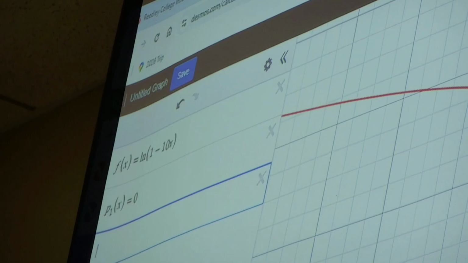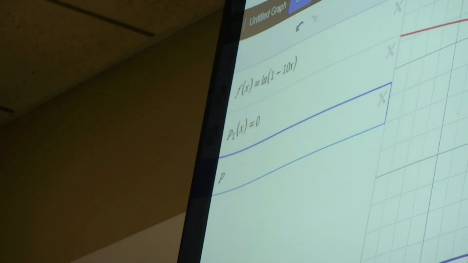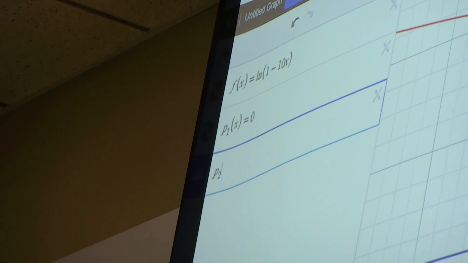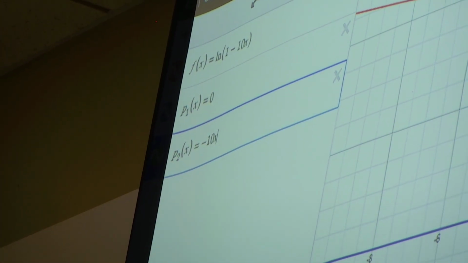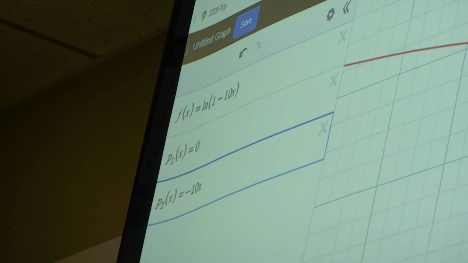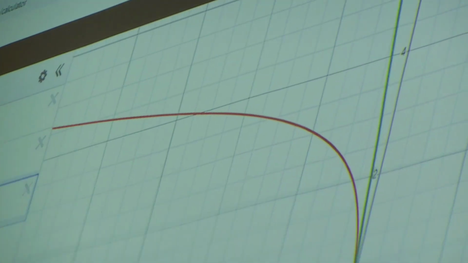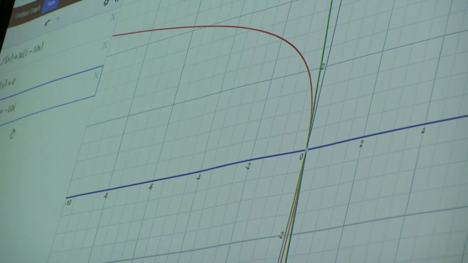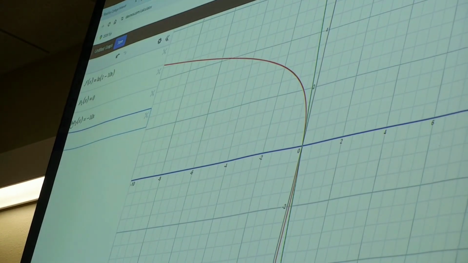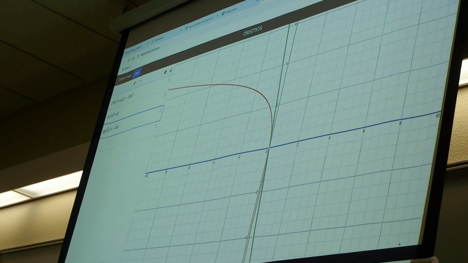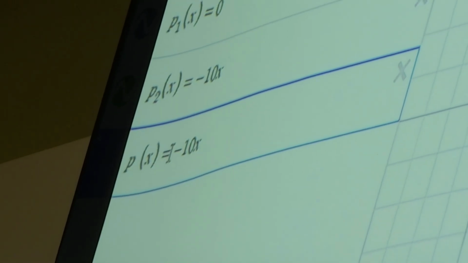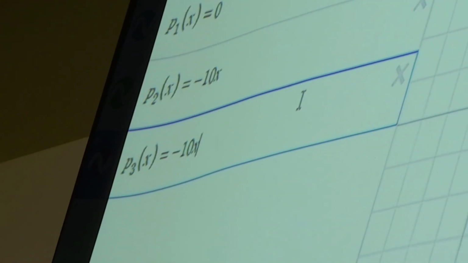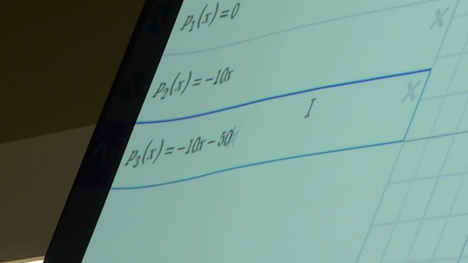See what happens here, negative 10x. That's better. Yeah, that's not good. So I guess 0 is just a real bad approximation. And then we can copy and paste this here too. You'll copy the whole thing, paste it, and change the 2 to a 3 down there. And then add, which actually minus 50x squared.